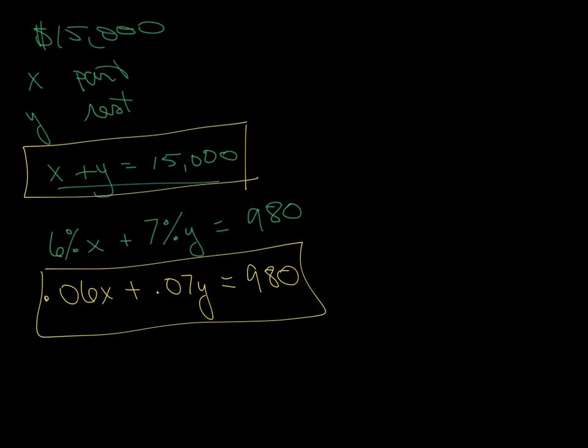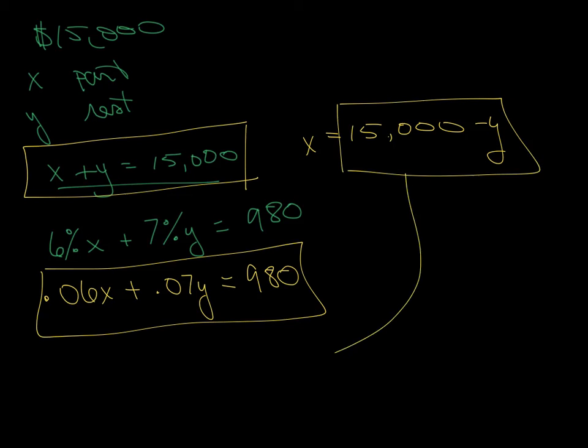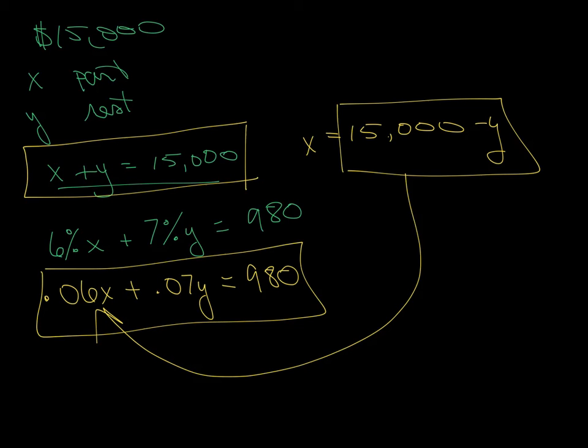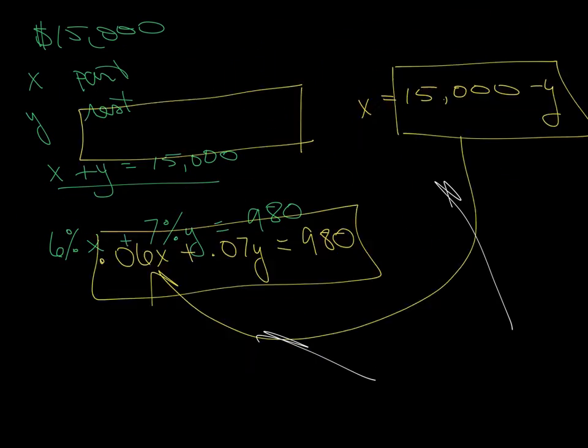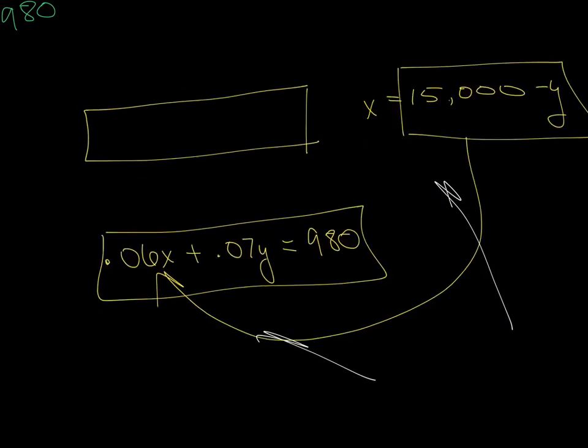So we're going to take this top one, set it equal to x. Okay, and then whenever we see an x down here, we're going to put 15,000 minus y in its place. Okay, whoops, got rid of too much. Let's go ahead and solve this then. So what I'm going to do here is I am going to take this equation and save it and get rid of the rest of it so we have some room to do this problem.